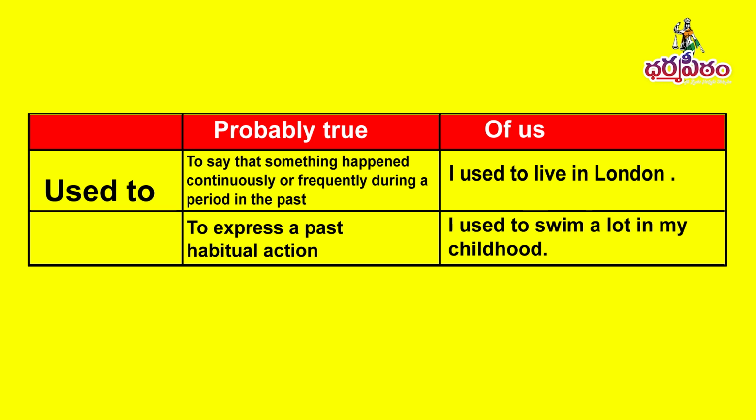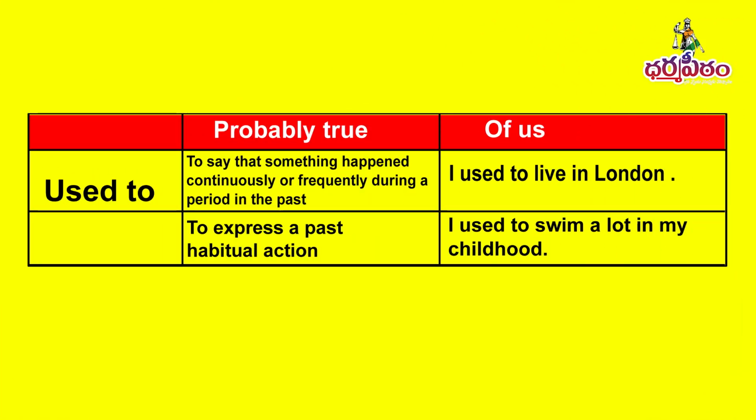I used to visit London or I used to visit Hyderabad. So in the past it was something like a habit for me to visit Hyderabad, which is not happening nowadays.